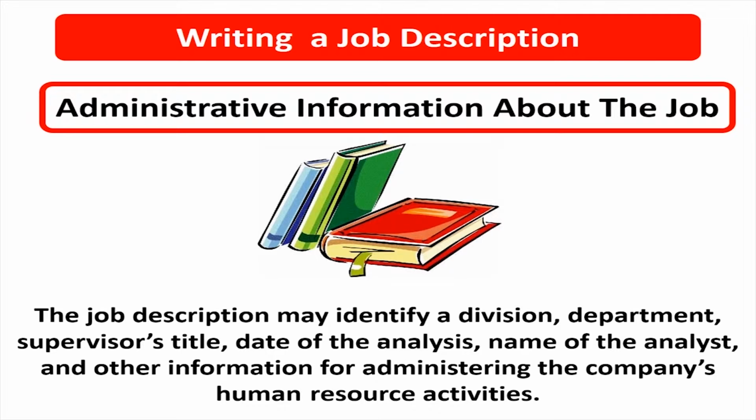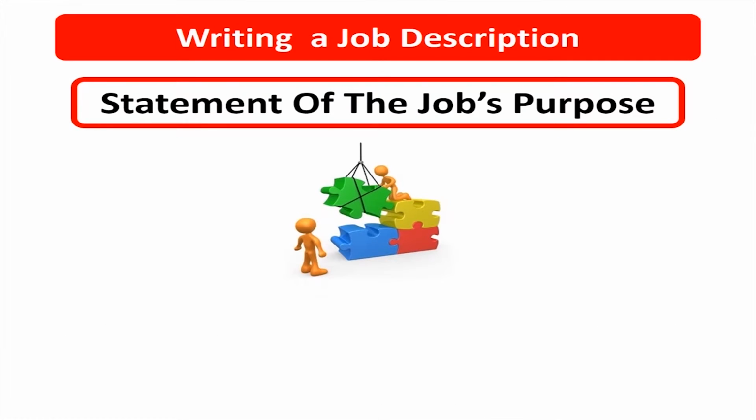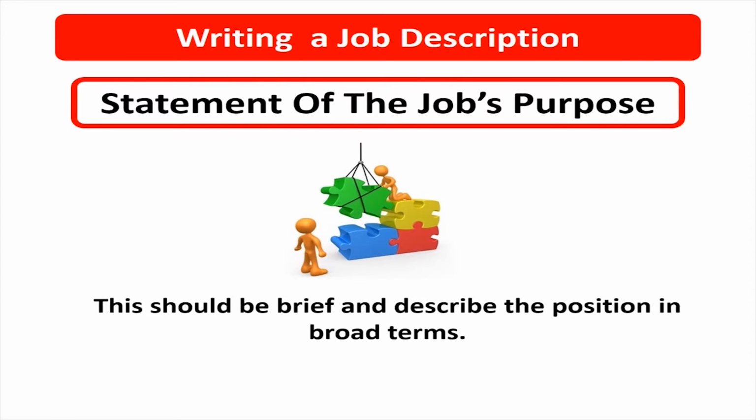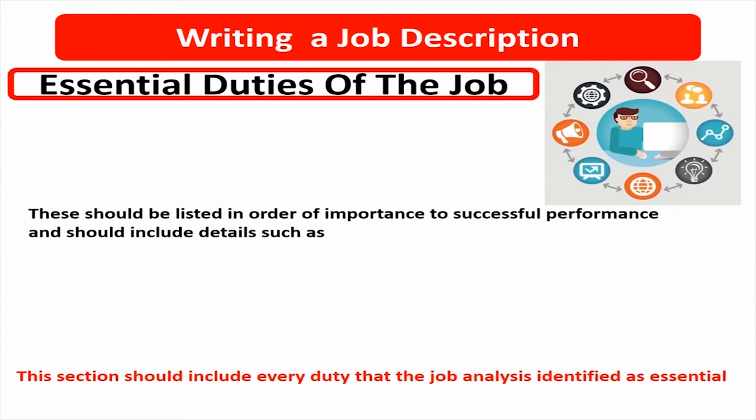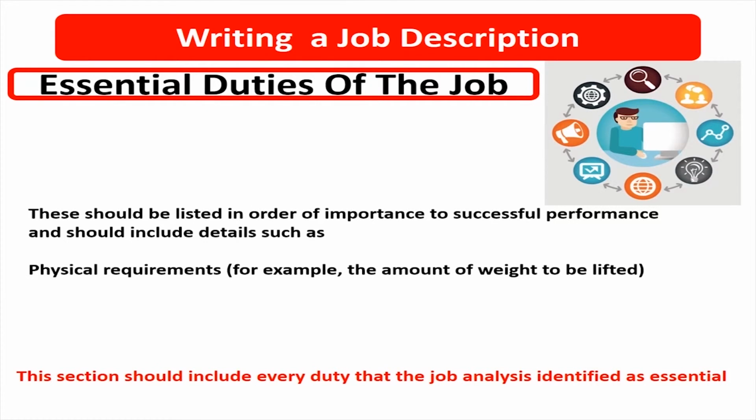Then, the job description should include a statement of the job's purpose. Now, this should be brief and describe the position in broad terms. Then come the essential duties of the job. These should be listed in order of importance to successful performance and should include details such as physical requirements.